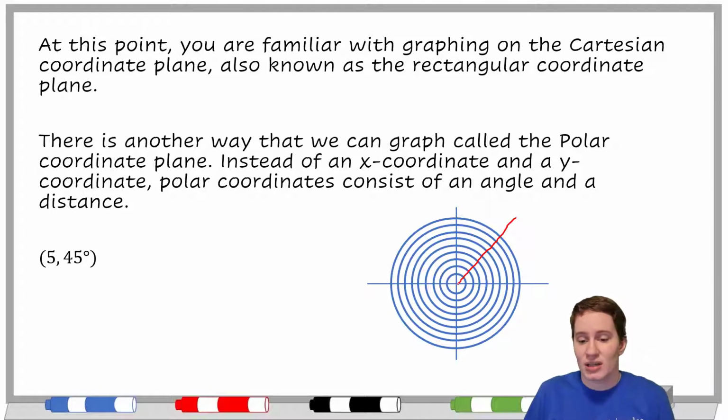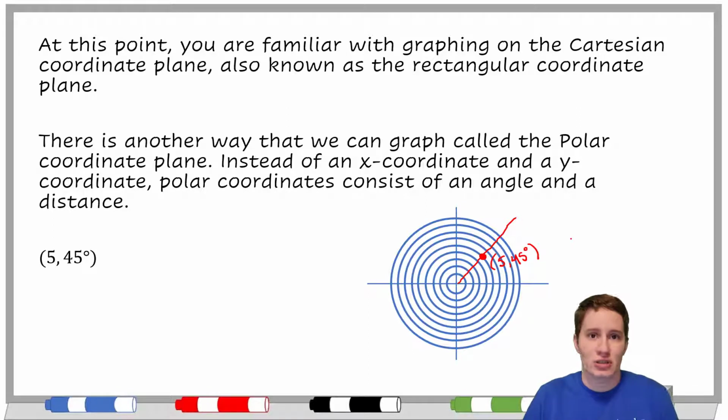Since it says 5, we're going to count out 5 from the origin along this line. 1, 2, 3, 4, 5. So kind of the fifth circle. You also might be thinking of electrons and how that all works. But this would be the polar coordinate 5, 45.